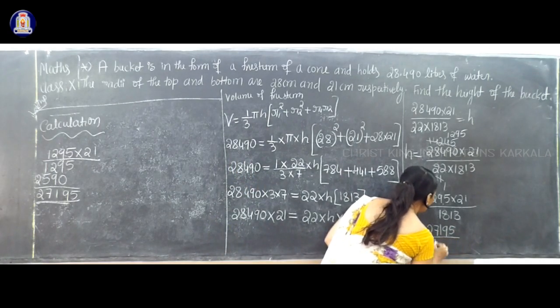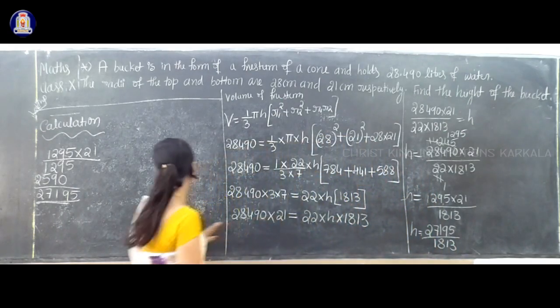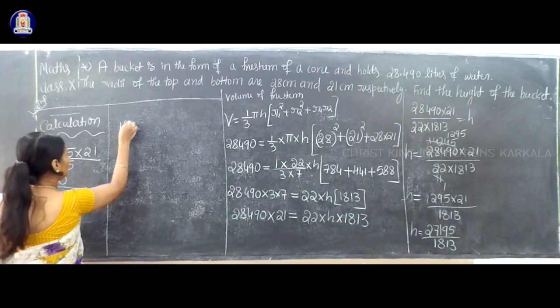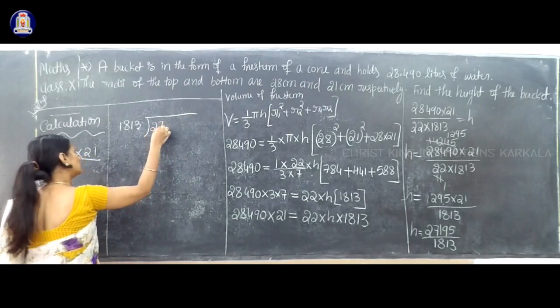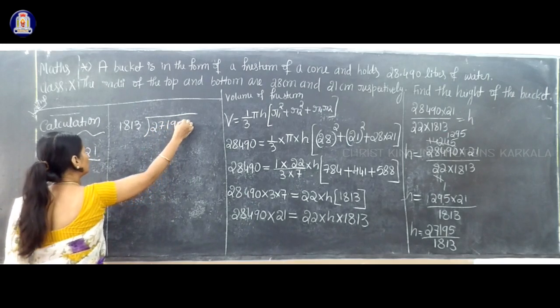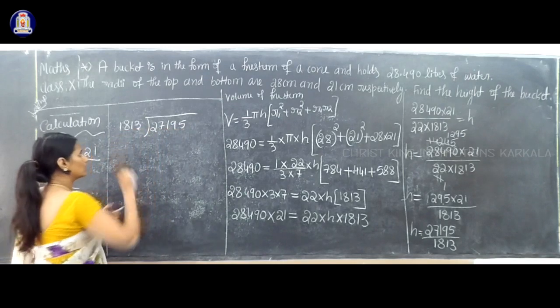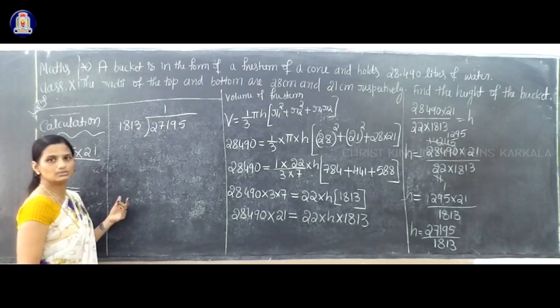27,195 divided by 1813. So now I will be working. 1813 divided into 27195. So 1, 2, 3, sorry 4. So till here. How many times is it? 1 time. Correct now? It is 1 time.